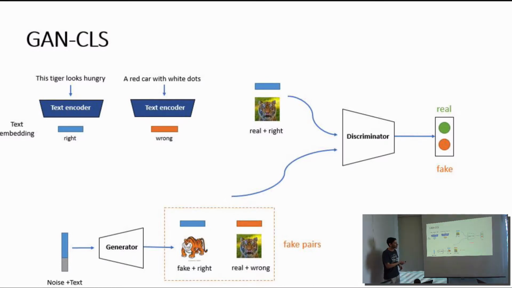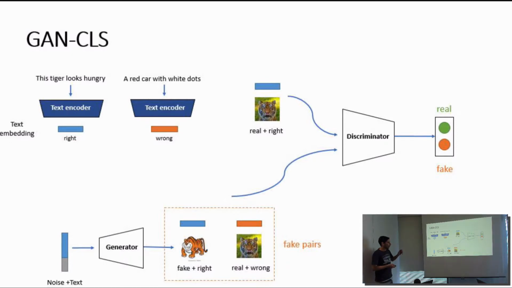Knowing that the generator always tries to fool the discriminator, implicitly the generator will try to always align the image with the text embedding. So that's the whole idea. It's simple, but just by introducing a new form of examples, they solve this problem where the images may not align with the corresponding text.